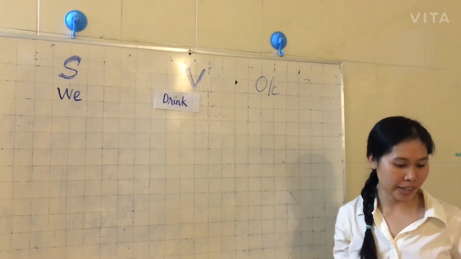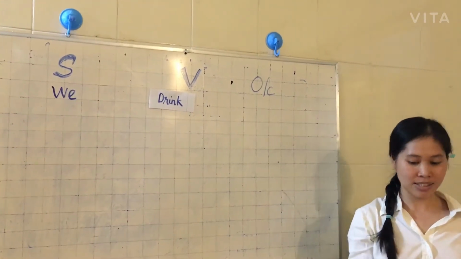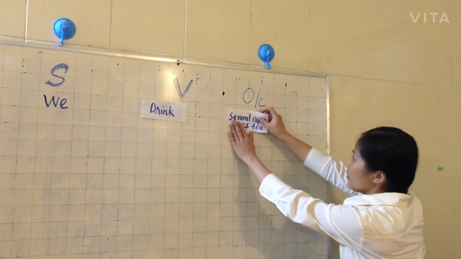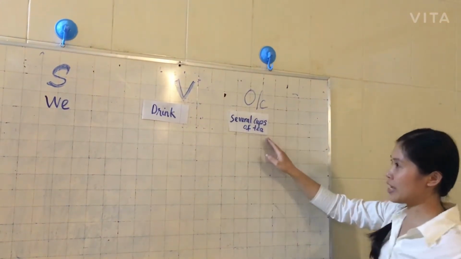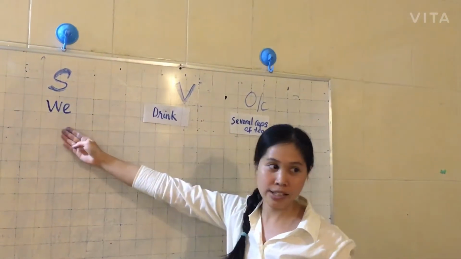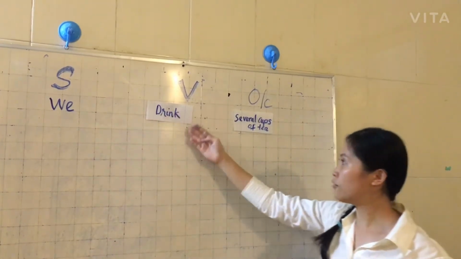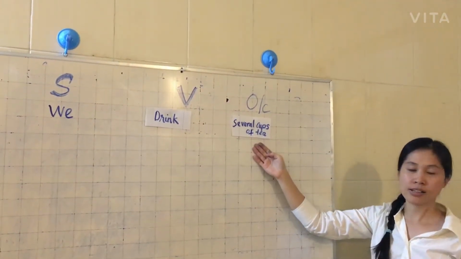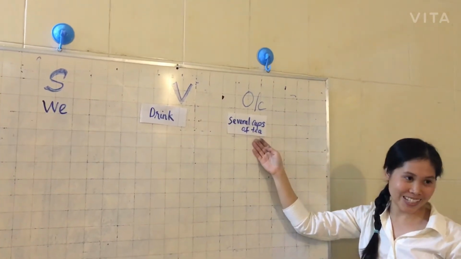We drink. We drink what? In the reading we drink several cups of tea. And now the subject is we, the verb is drink, the object or complement is several cups of tea.